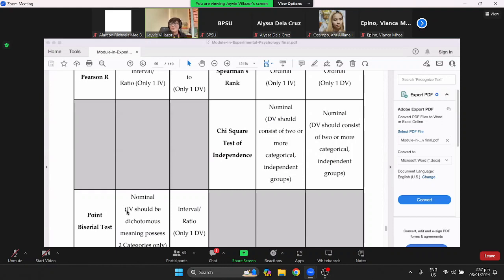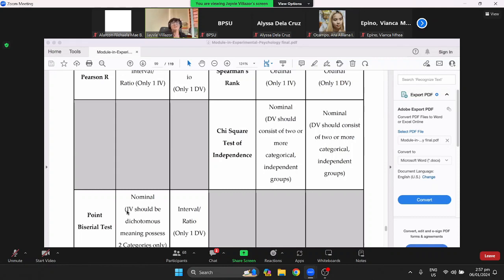And you want to know the significant relationship between the test scores between male and female. If that is the nature of your research and that is parametric, then ang gagamitin natin ay point biserial test.